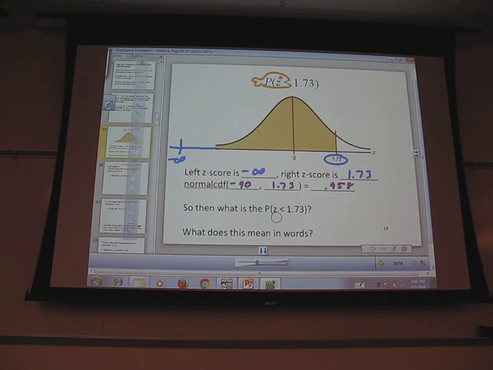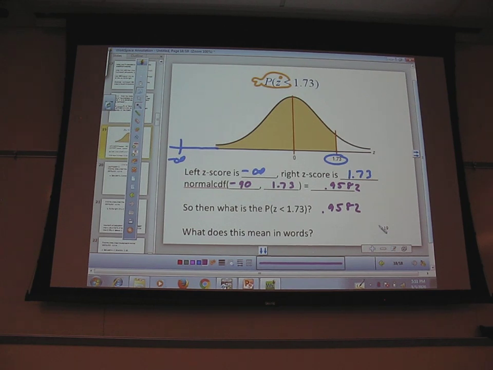Okay. So then what's the probability that z is less than 1.73? Give me 4 decimal places. 0.9582. What does that mean in words?